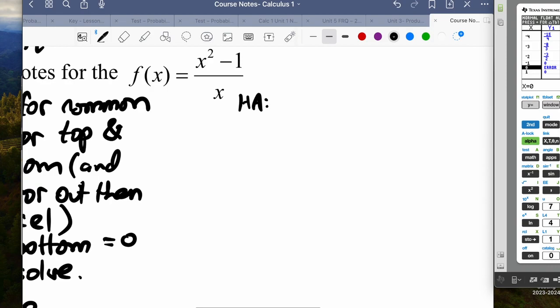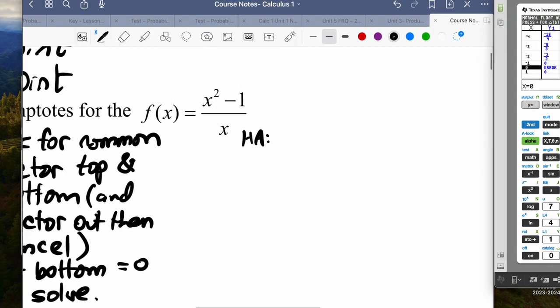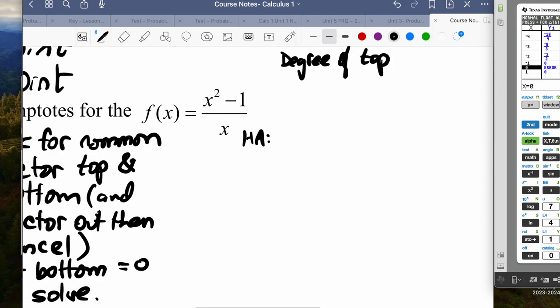Yeah. So for the horizontal asymptote rules to work, you need to know what the degree of the numerator is and the degree of the denominator. Most textbooks call those values m and n for no reason that I can think of, except that they're consecutive in the alphabet, I guess. So degree of top is equal to m.